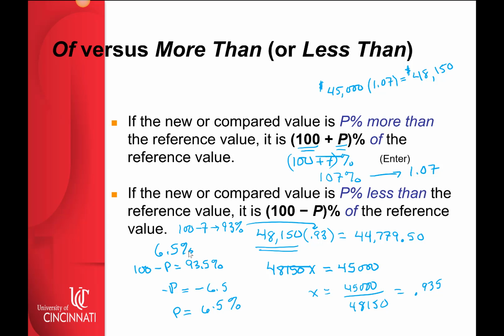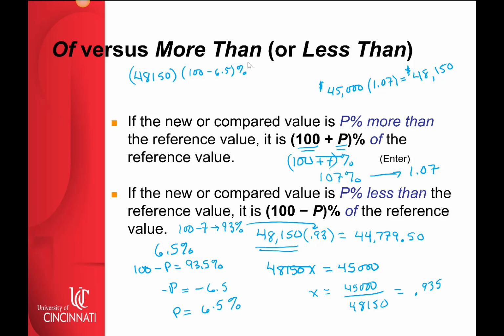Now, we've played that game. What we could also do is say, okay, Nicole makes $48,150. Chuck makes 6.5% less than Nicole. And if you wonder what Chuck makes, you would take the $48,150. I'm going to have to move up to the top here. $48,150, multiply it times the 100 minus the 6.5.